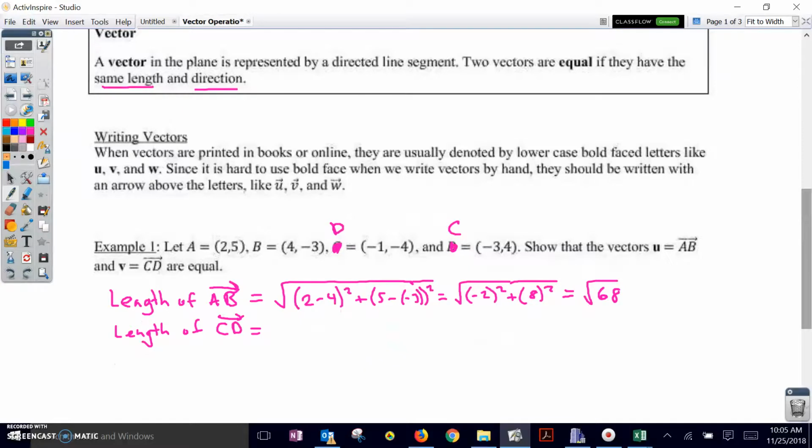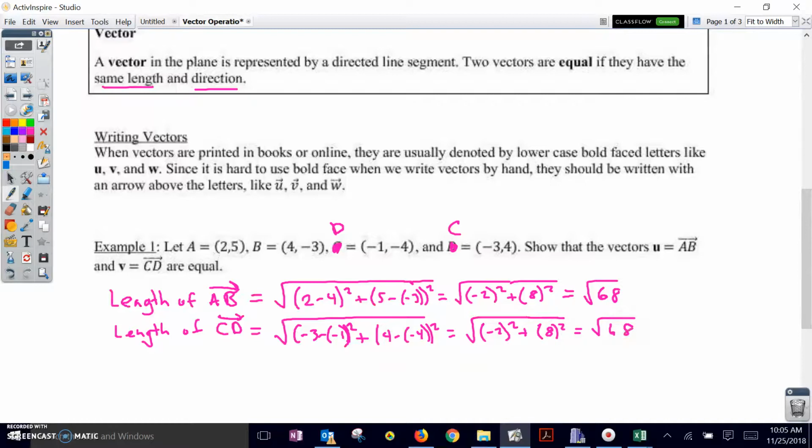And so I've got the square root of negative 3 minus negative 1 squared plus 4 minus negative 4 squared. And that gives me, again, the same exact value, square root of 68. So these vectors are the same length.